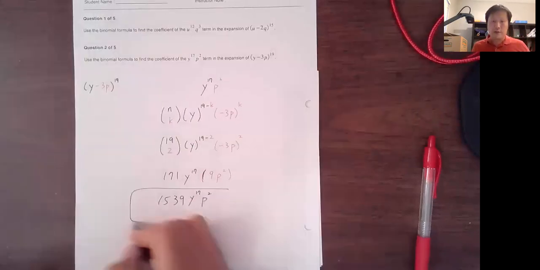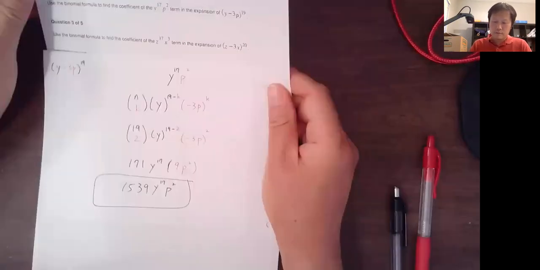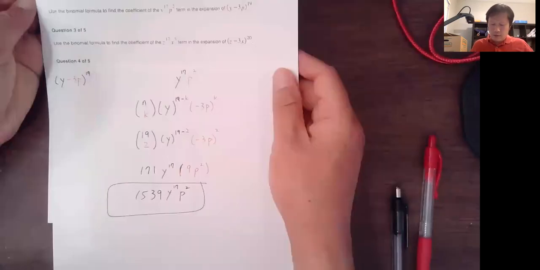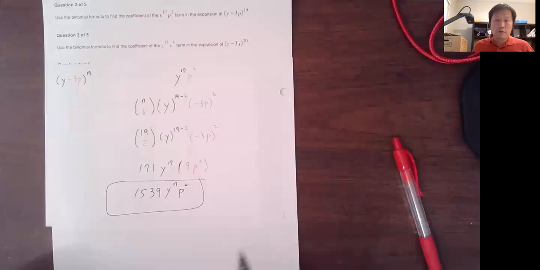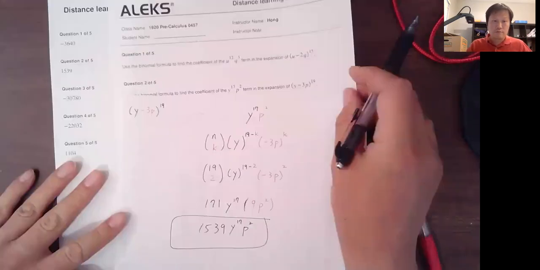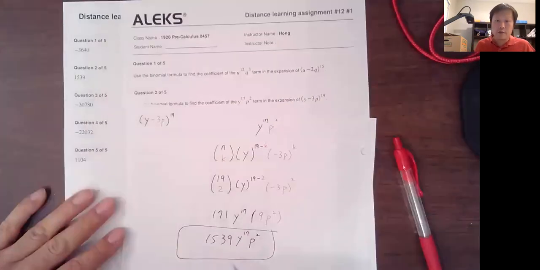That is your final answer. When you answer in RX, they're asking what's the coefficient. So they just put the coefficient in, 1539.